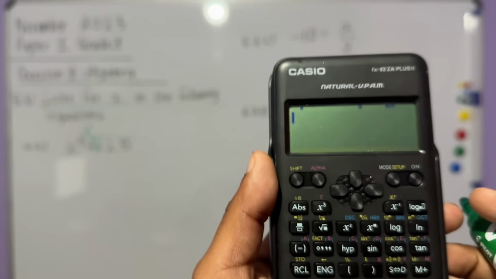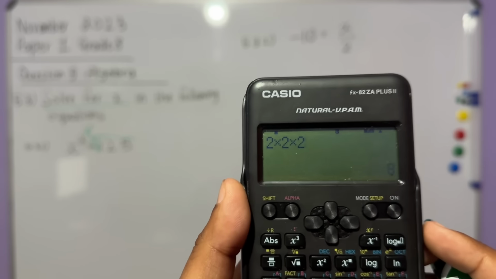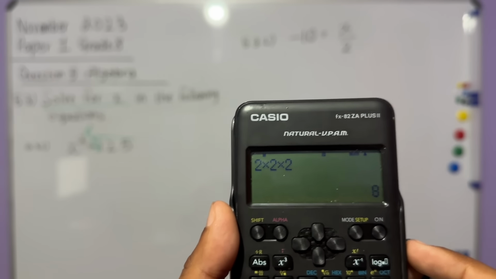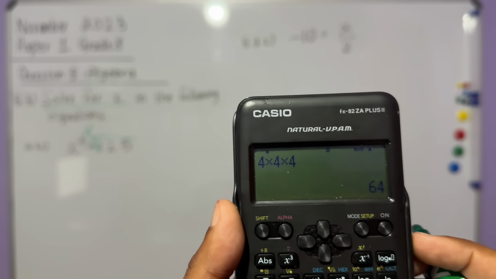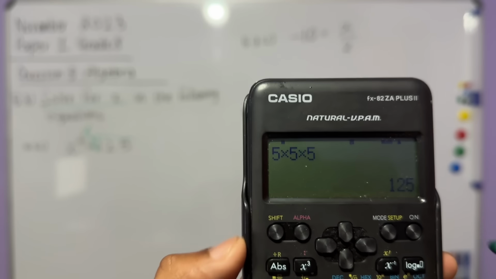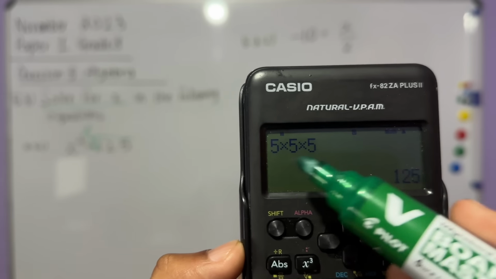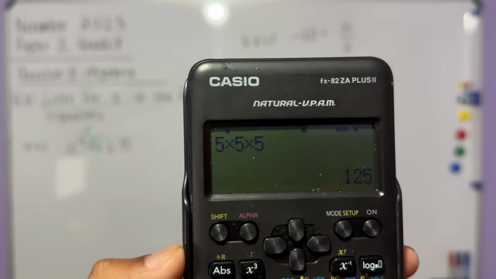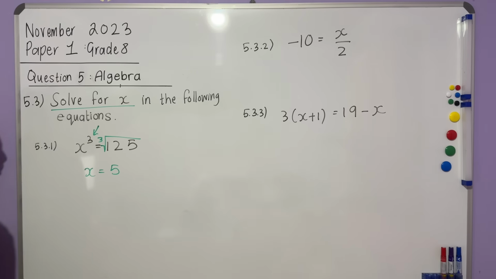You can try 2 times 2 times 2, which doesn't give you 125, so it's not 2. You try 4 times 4 times 4, doesn't give you 125, and 5 times 5 times 5 equals 125. That's how you know the cube root of 125 is 5, because you multiplied 5 by itself 3 times, just to double check. So x would be equal to 5 after applying the cube root to 125.